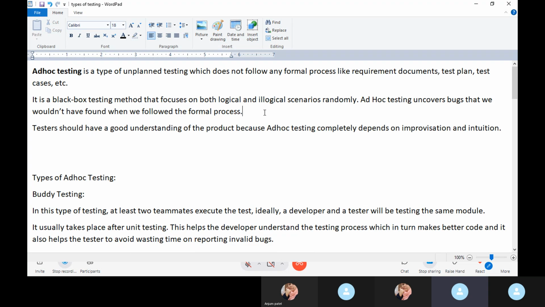Basically, ad hoc testing comes at any stage. One example: everything is going on, development and testing activity, but due to some sudden development activity, the application functionality is getting affected. Or let's suppose the server is down, or wrong development has happened, and we have found the application is not behaving as it should. So in that case, what will happen?